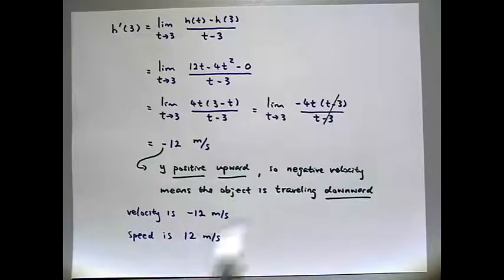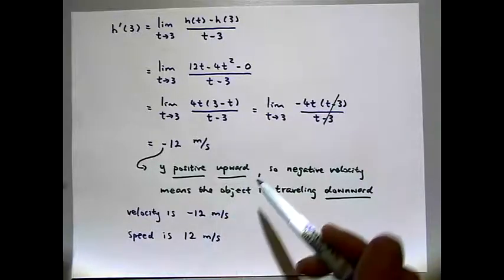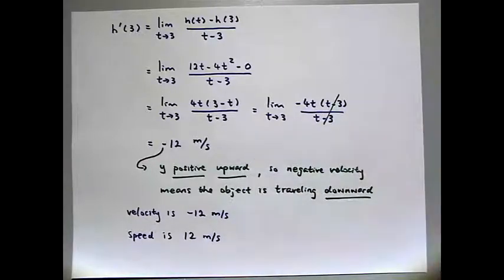Minus 12 means we're going opposite to the convention. Normally, upward is positive. Speed is 12 meters per second, but velocity is minus 12 meters per second. Questions?